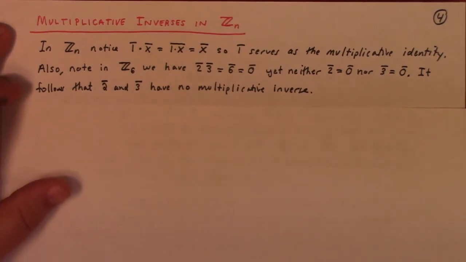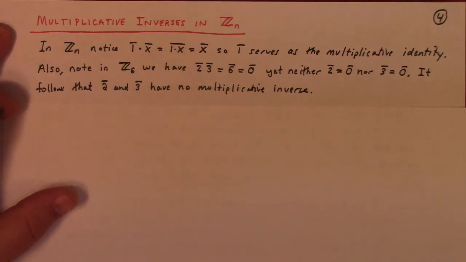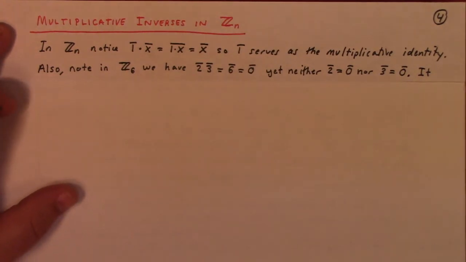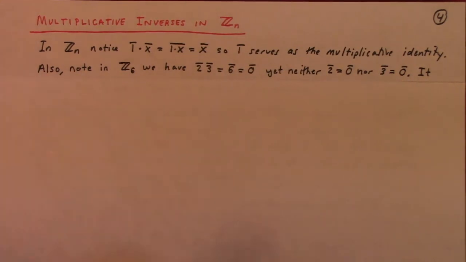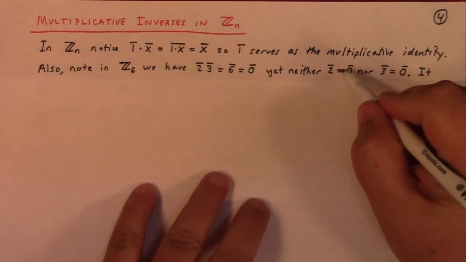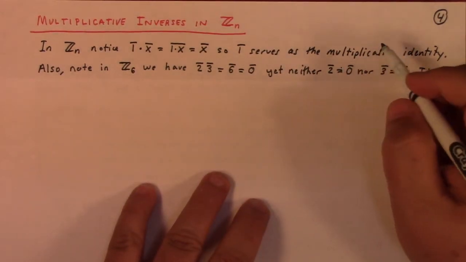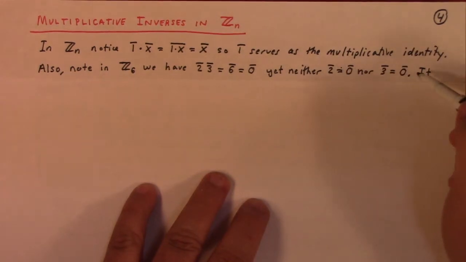But multiplicative is a little bit trickier because, check it out, in Z6 we have 2 times 3 is 6 bar, but 6 bar is 0 bar in Z6. So here, neither 2 is equal to 0 nor 3 is equal to 0.